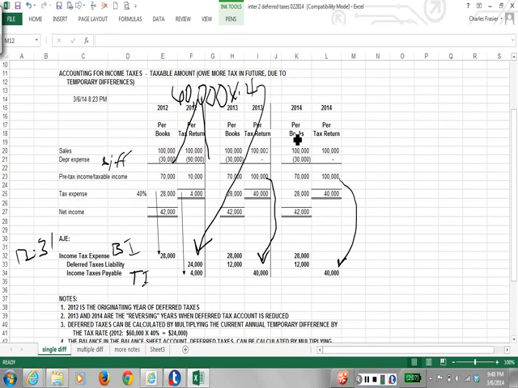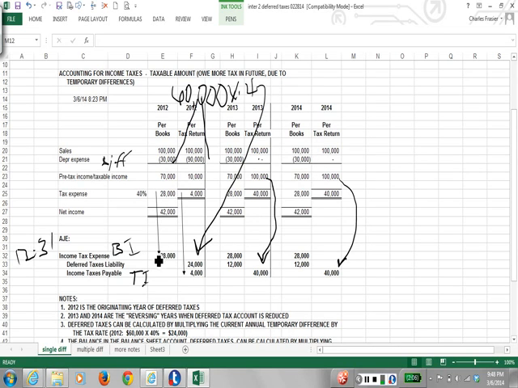In the second and third year of this problem, it's called a reversing difference, because the temporary difference of the 30,000 switches, in the sense that there's 0 depreciation on the tax return, there's 30,000 expense on the books. So originating difference, the 30 and the 90, $60,000 temporary difference, and that's called the originating difference, and then the reversing difference in year 2 and year 3.